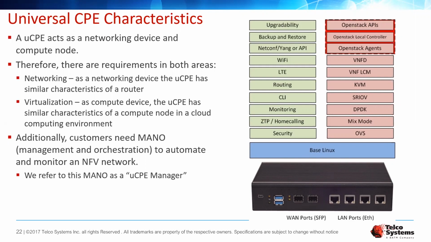Download the configuration from a central location and install on itself. No complex installation process. But in order to do that, you need some intelligent orchestrator, which we call the uCPE manager, that is able to do the configuration and the zero-touch provisioning and all the monitoring.